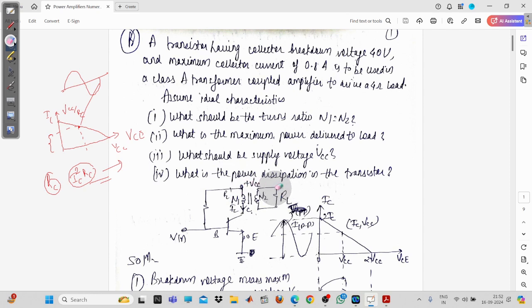You have N1 and N2 as the primary and secondary turns respectively. In this way, you can increase the efficiency by nearly 25%. So the efficiency of this transformer coupled is 50%. Now you can see this is the actual load resistance, and this one is the reflected load resistance.